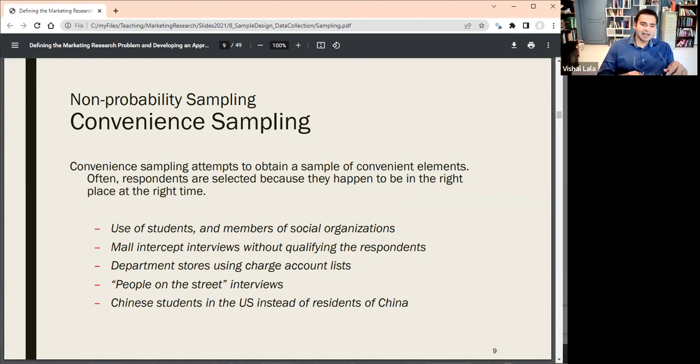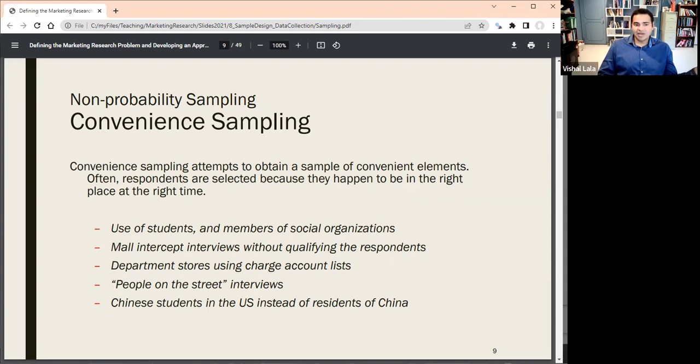Another interesting example is, let's say a researcher wants to study the perceptions of Chinese of American brands. One way would be to poll people in China, draw a sample from the 1.3 billion Chinese, and put the questions to them about perceptions of American brands. A more convenient option, however, would be, since most universities in America have Chinese students, why not ask them their perceptions of American brands?